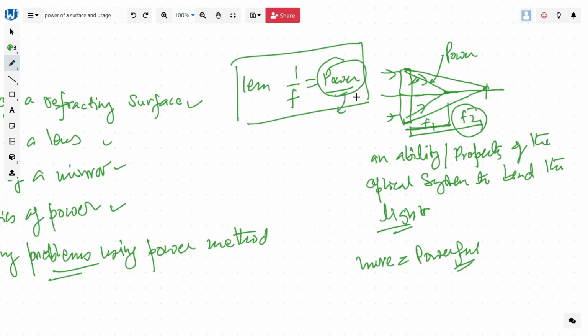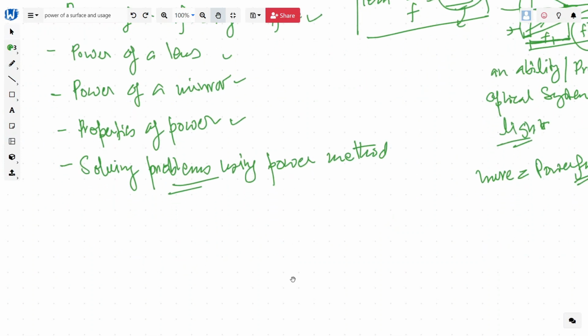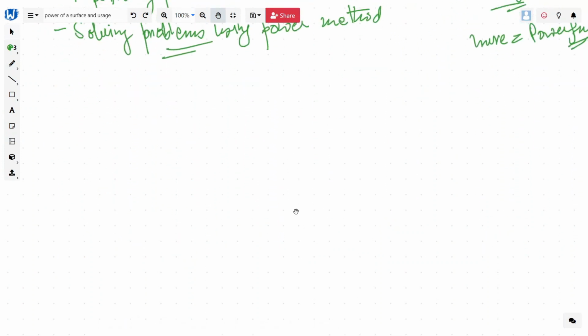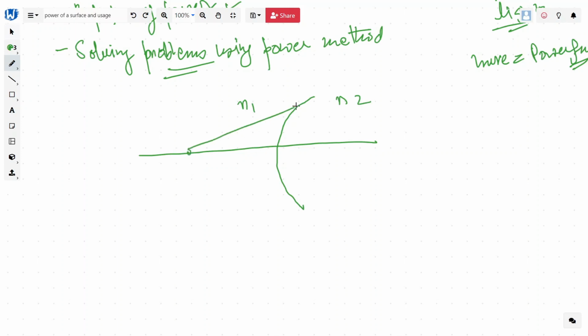Now we'll use this video to devise equations and define power for different surfaces and dive down into its properties so that we can use that to solve many problems pretty easily, right? To get started, let's talk about a spherical surface. Here is the surface, here the refractive index is n1, here it is n2, and the ray of light is coming like this and getting bent.